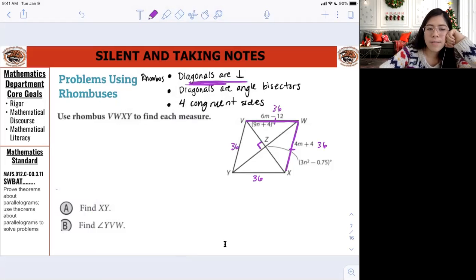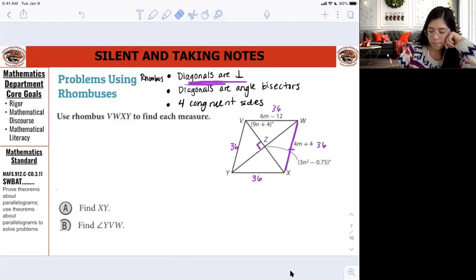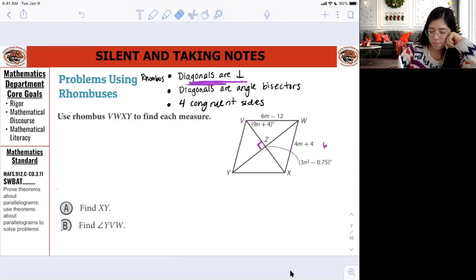So I'm trying to figure out this whole angle. Hold on, let me highlight it. Trying to figure out YVW. So this whole thing right here, right? That whole thing. Now, in order to figure that out, I need to know the value of n, but I don't know the value of n quite yet, right?